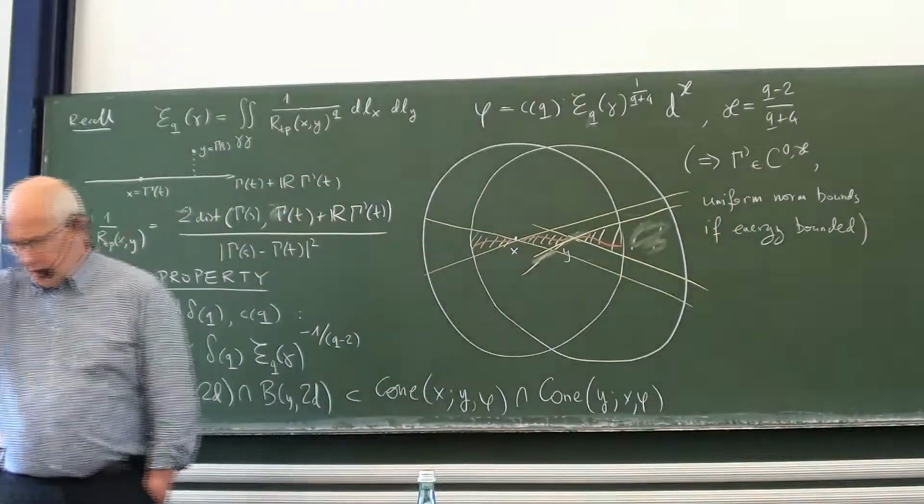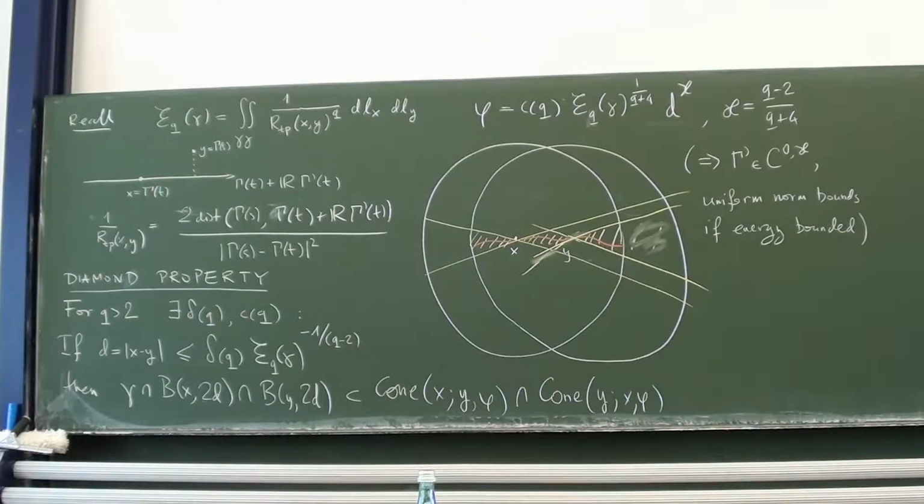So actually, let me make two remarks. Remark one: the proof that I showed used really q strictly greater than 2 because we were summing a geometric series. And we were relying on the fact that this exponent kappa is positive, so the proof breaks down for q equal to 2. But not just the proof, the result breaks down.